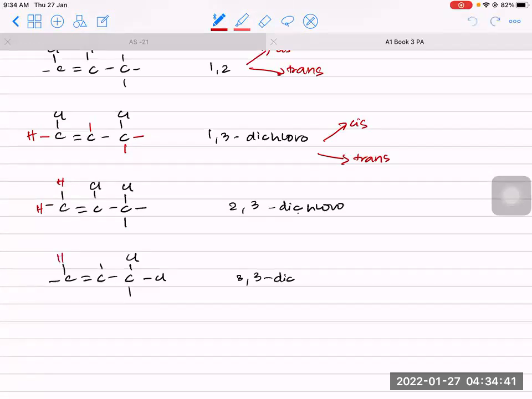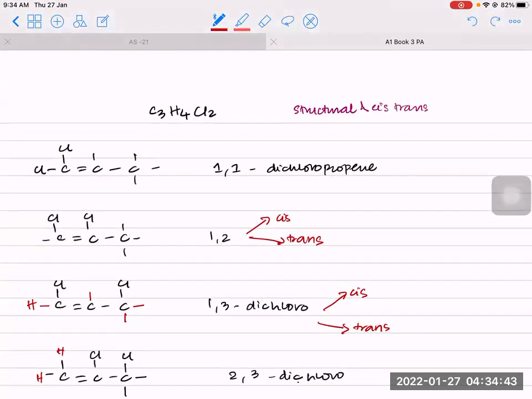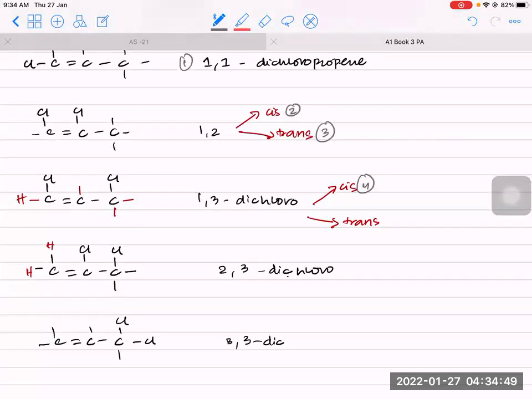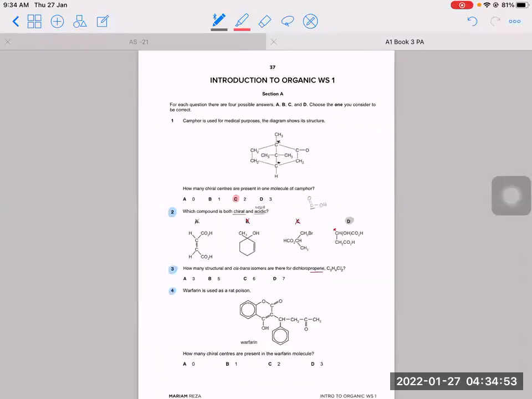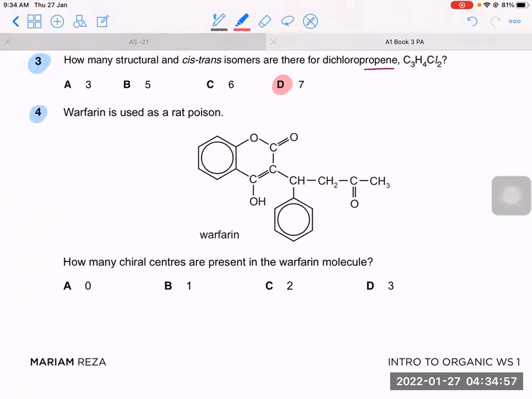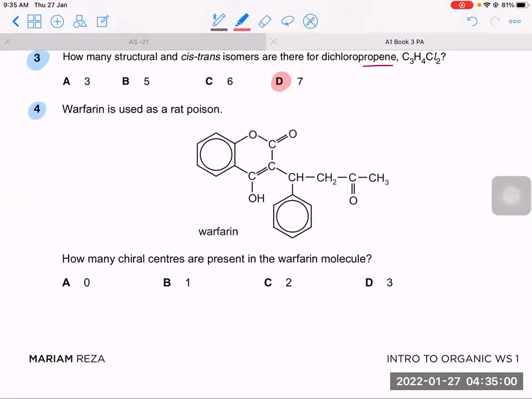No, 2 H's. How many total isomers? I think we've done this in class. 1, 2, 3, 4, 5, 6, 7. How many isomers? 7. Clear?